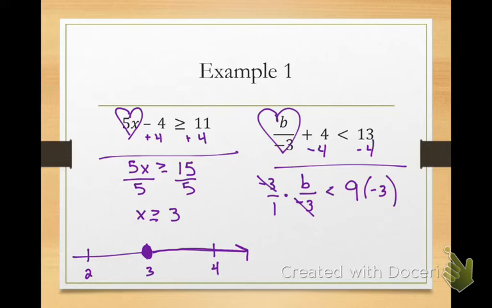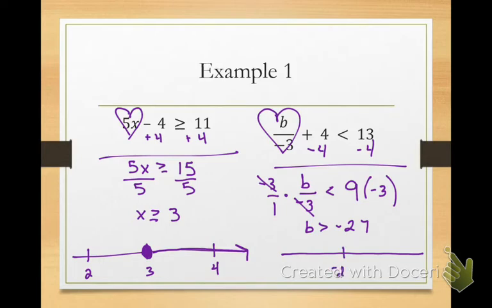There was a negative number connected to my variable by multiplication or division. In this case, division. So when that happens, because of my rules of multiplying and dividing negatives, I must reverse my inequality. B is now greater than negative 27.